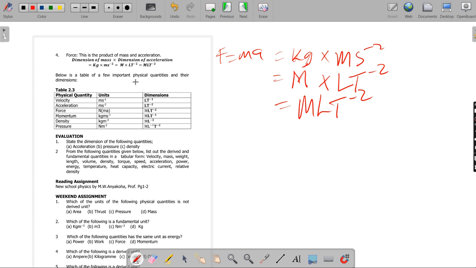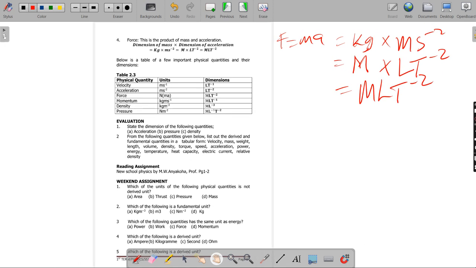Now, below is a table of a few important physical quantities and their dimensions. So we have some quantities here, we have their dimensions. I think most of them are what we derived. So the physical quantity, we have velocity, we have the units, and we have the dimensions. We have acceleration, we have the unit here, we have the dimensions here. And I would advise that you take out time to find the dimensions of these things again.